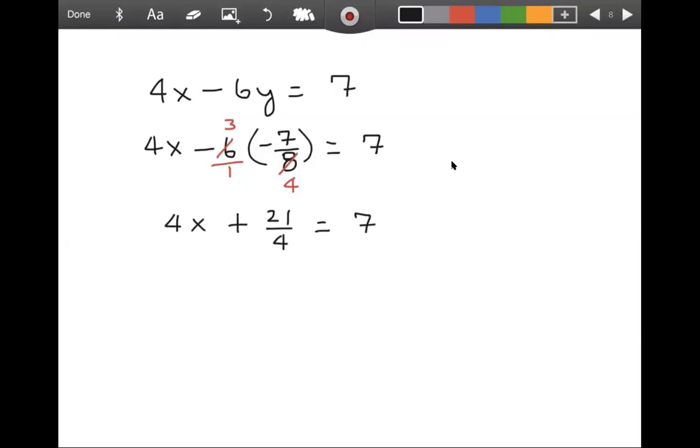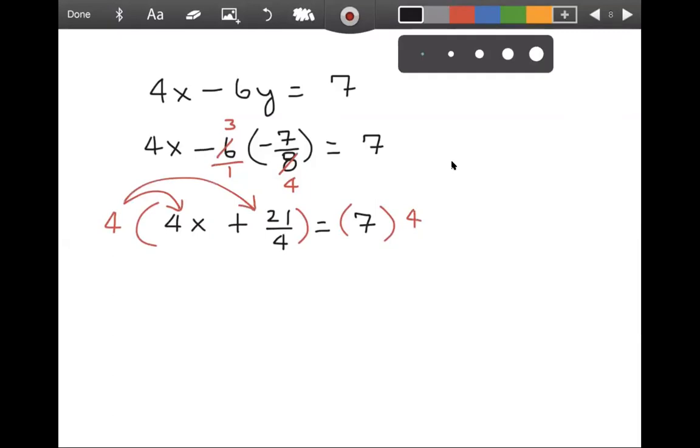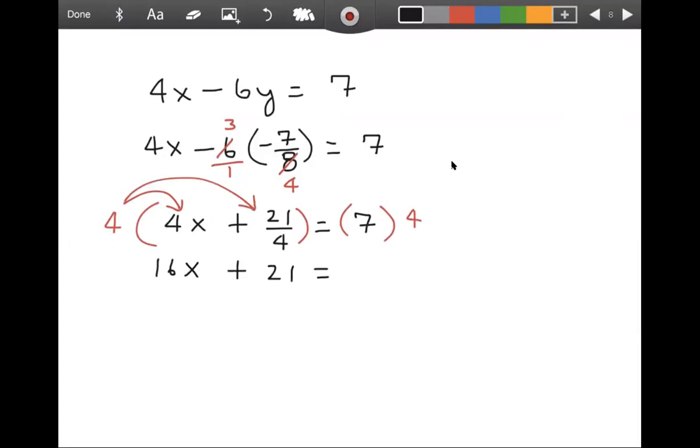Okay, let's see. What should we do next? You know what? Let's just multiply this whole equation now by 4, and that will clear out the remaining fractions. Okay, so 4 times 4x is 16x. 4 times 21/4 is just 21. I was trying to get rid of that fraction. And 7 times 4 is 28.